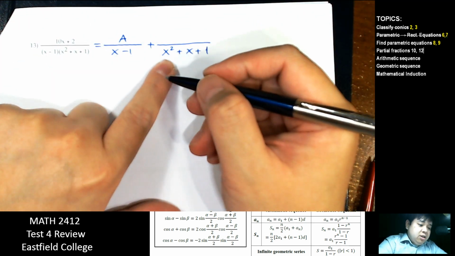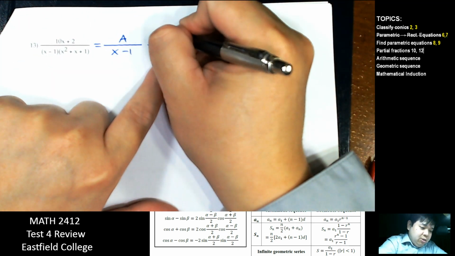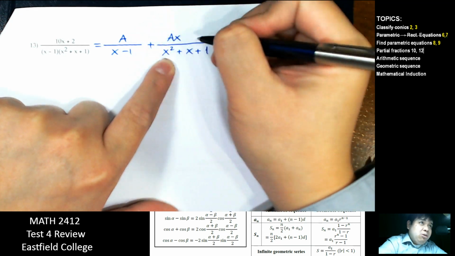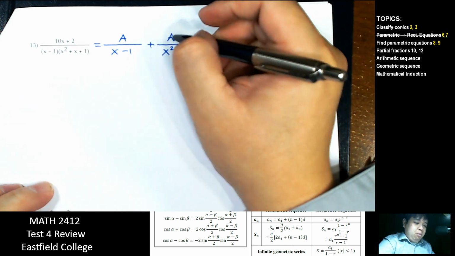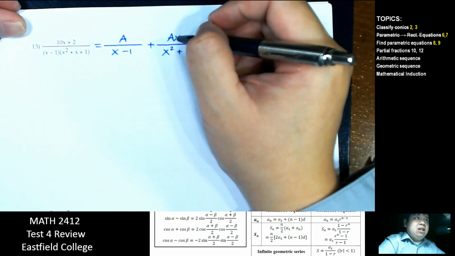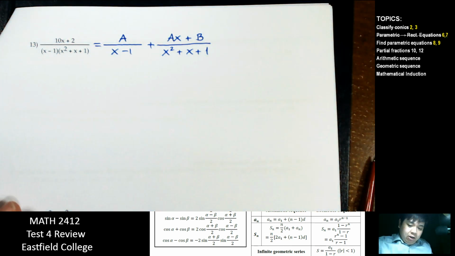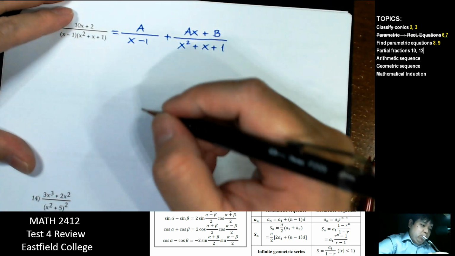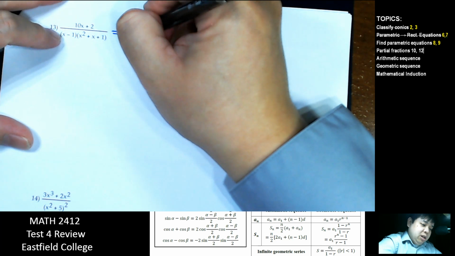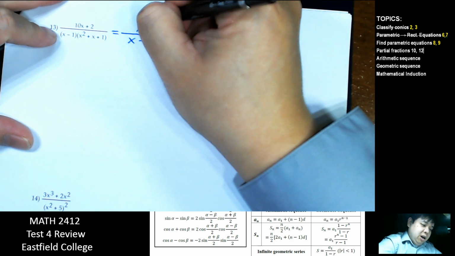This bottom is x squared, so the top will have one power less. We cannot have more or equal power of x on the top than the bottom. Now the least common denominator is this. Now we just do like we did last time. It's better to be careful with this common denominator.